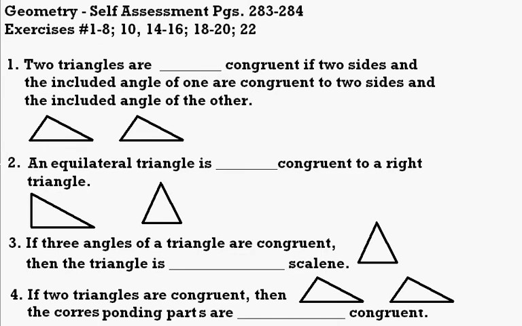So if I were to go ahead and make a marking to this effect, I said two sides and the included angle, so that would be this side, and this side, this side, and this side, and the included angle would be the angle in between. And you could see that this would be side angle side.